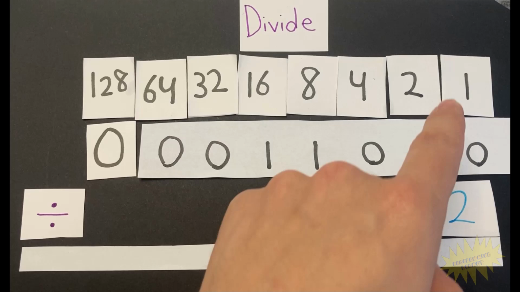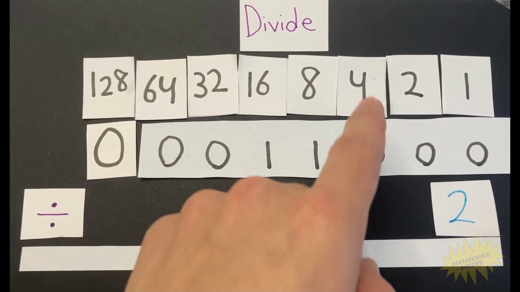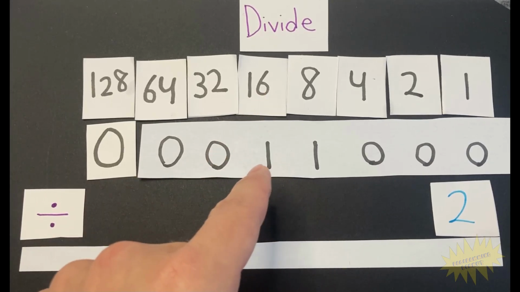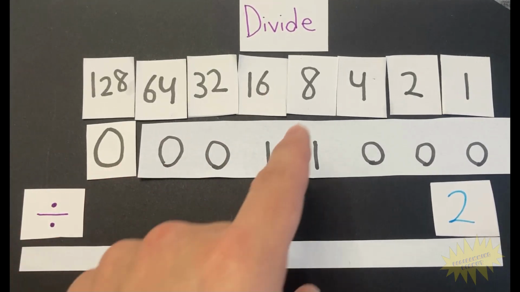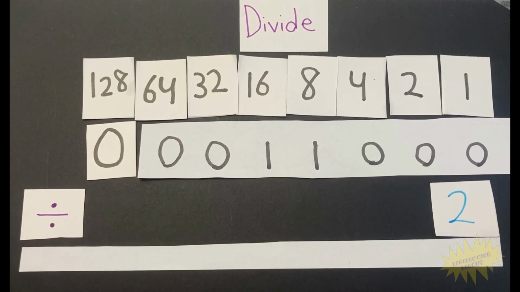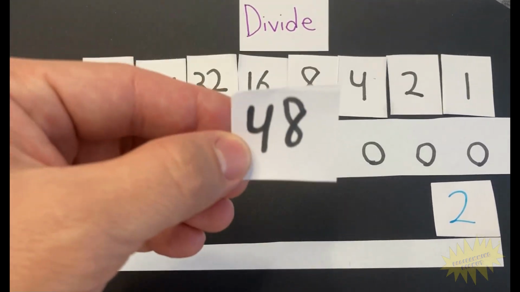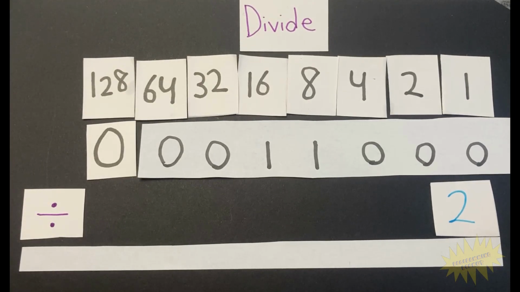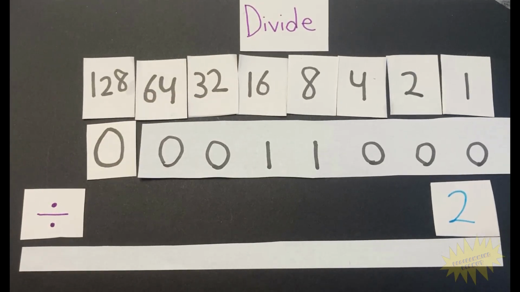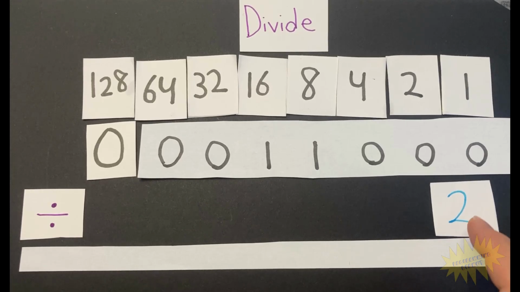So here you'll see that 1 is off, 2 is off, 4 is off, 8 is on, 16 is on, and the rest are off. So 8 plus 16 is 24. And remember, we started off with 48, and you divide 48 by 2, and of course you get 24. And just remember, this trick only works with multiples of 2.